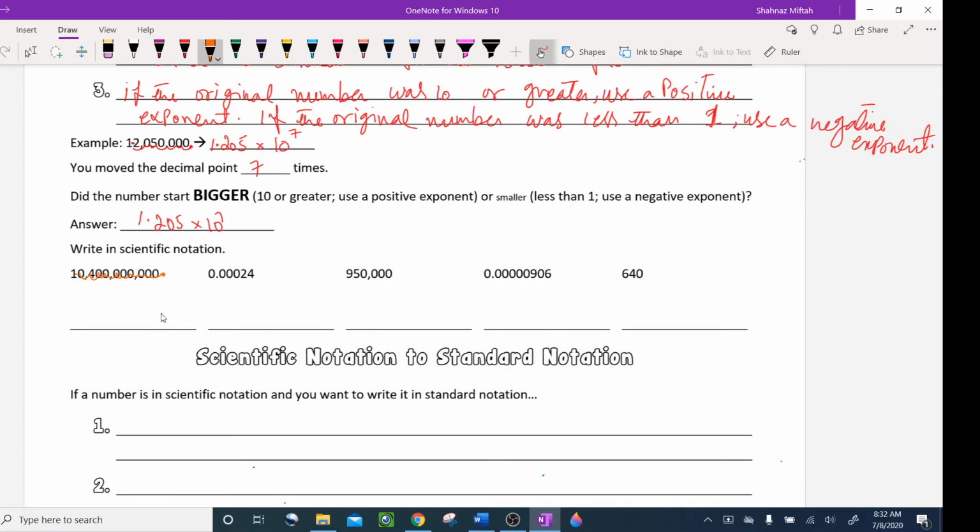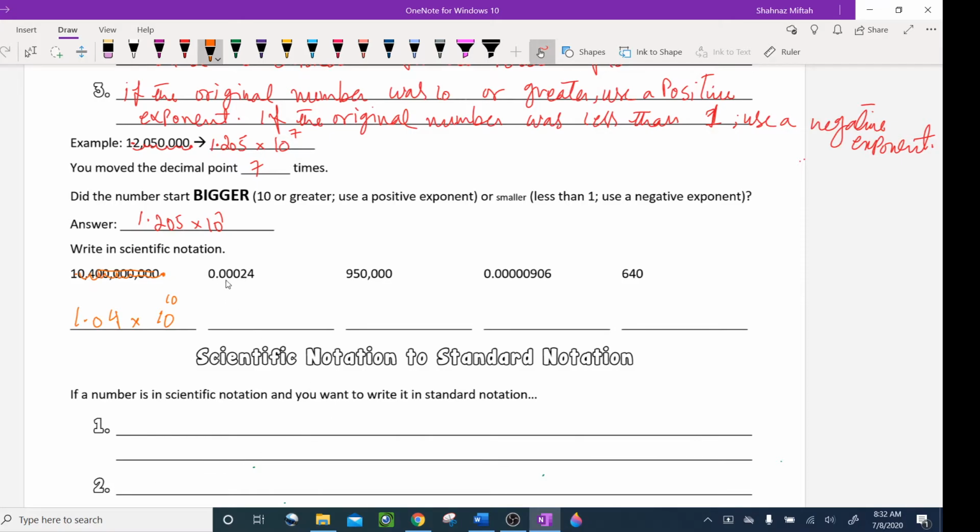So I moved this 10 times, and this number is obviously greater than 10, so I have a positive exponent. Remember, if it's 10 or greater, it's supposed to be positive. My number goes 1.04, and the ending zeros drop.